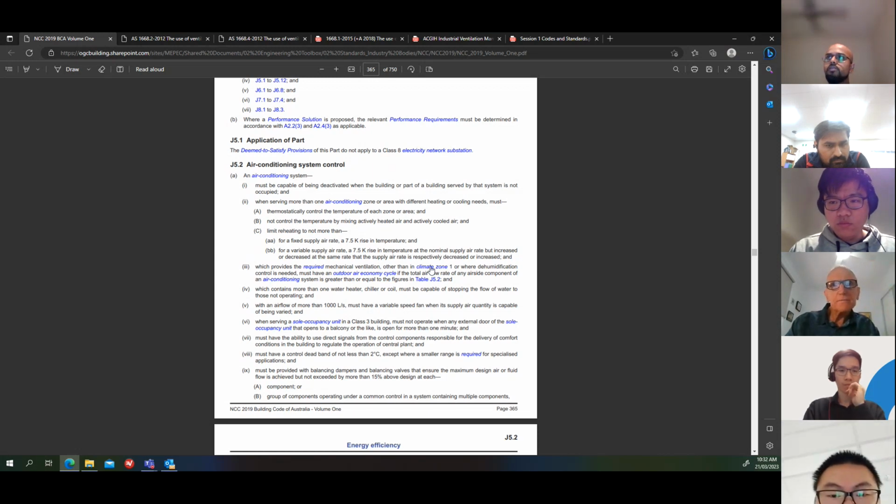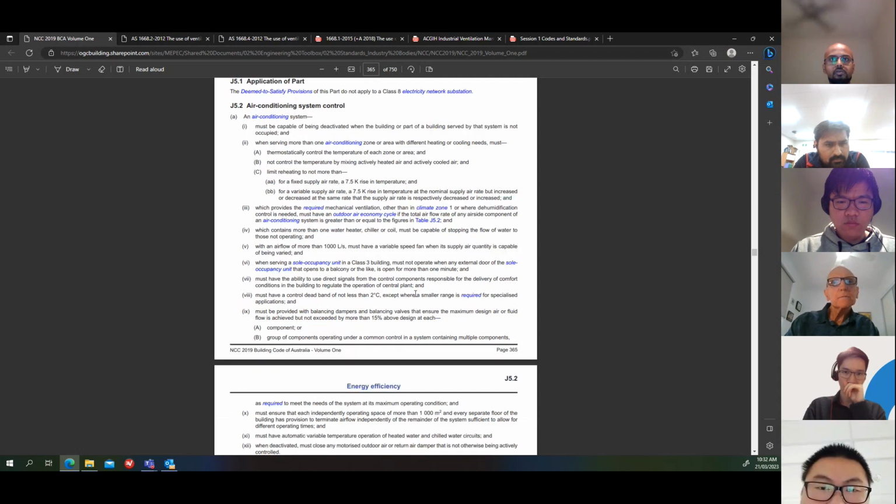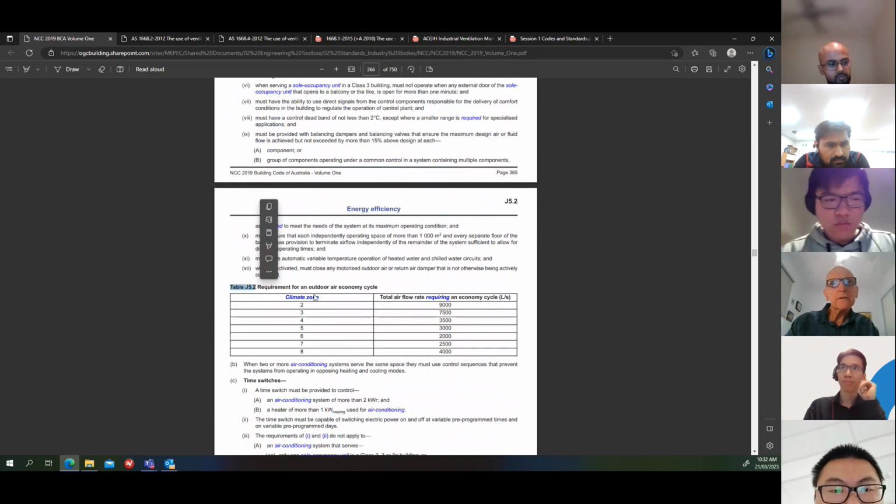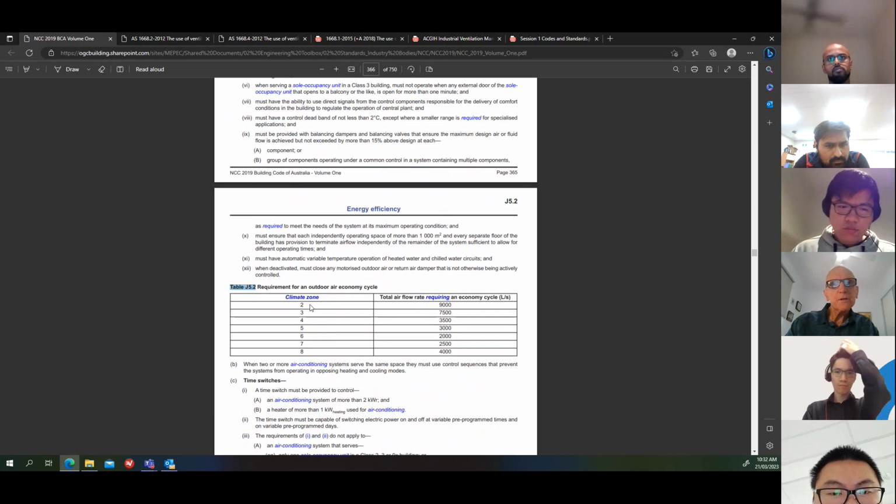in certain parts of these clauses. Here, for instance, in this table, J5.2, requirement for an outdoor air economy cycle, depending on the climate zone, it tells you at what point you need to provide an economy cycle.